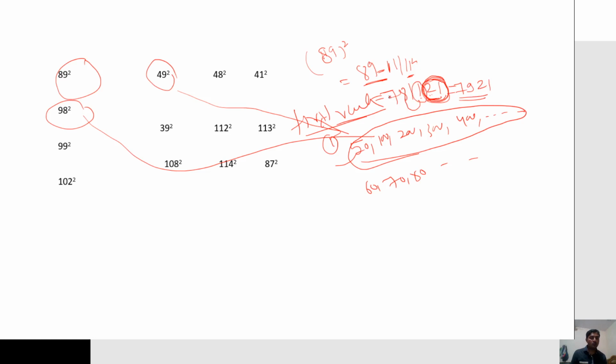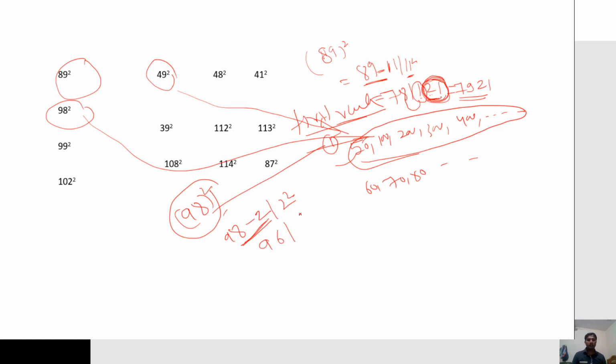And another square, 98 square. How much less than 100 is 98? Less than 100 by 2, and 2 square. So minus 2 gives 96, and 2 square gives 4. Okay.